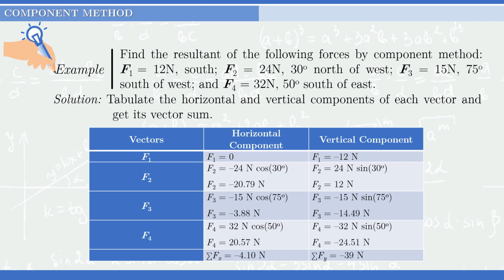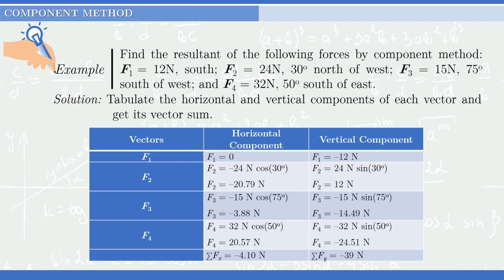And lastly, for our fourth vector, which is force sub 4, equal to 32 Newton 50 degrees south of east, the direction is lying at the fourth quadrant, where the only positive function is cosine. So therefore, the horizontal component follows that 32 Newton cosine 50 degrees, which is equal to 20.5700 Newton.